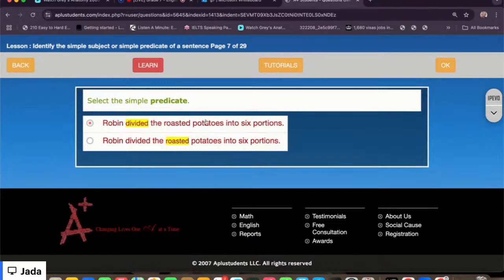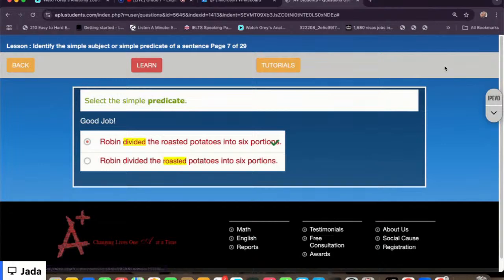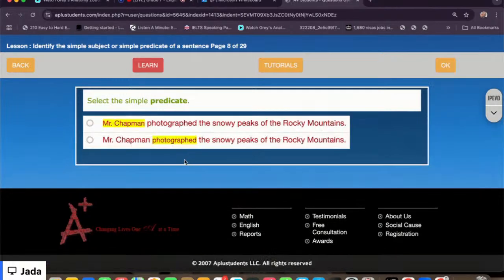Alright, so divided will be the simple predicate. Mr. Chapman photographed the snowy peaks of the Rocky Mountains.